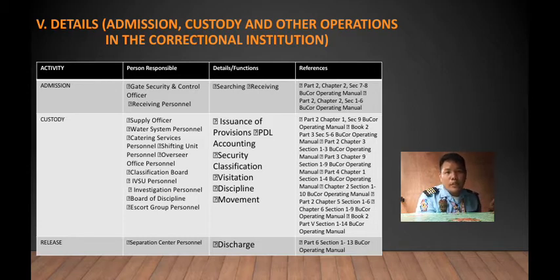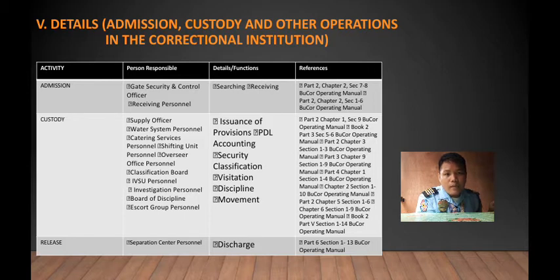So we go on to the custody, having a supply officer, water system personnel, catering services personnel, shifting unit personnel, overseer office personnel, classification board, IVSU personnel, and investigation personnel, board of discipline, escort group personnel.